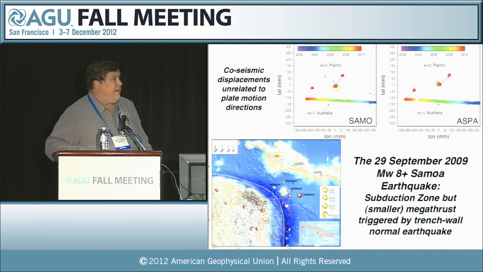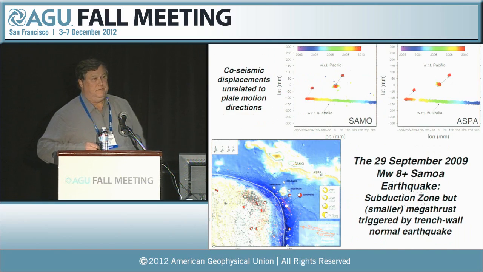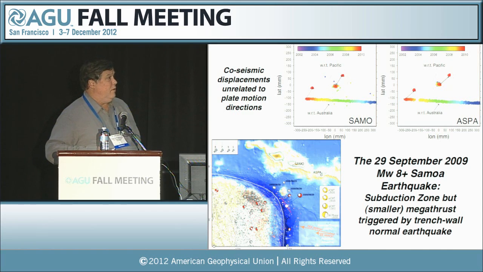And then finally, the clinker in all this are events such as what we saw in Tonga and Samoa a few years ago, in which a large normal faulting event, again outside the trench, appears to have triggered a somewhat smaller megathrust event.